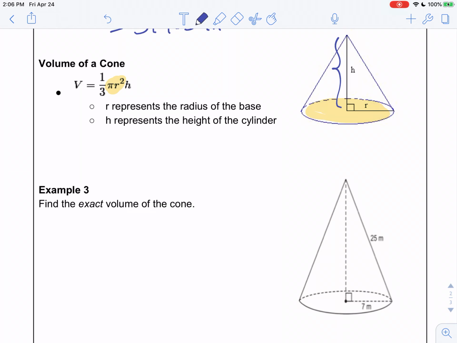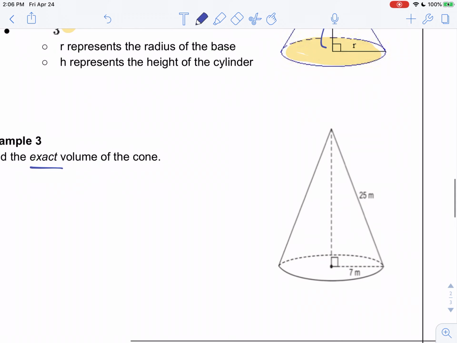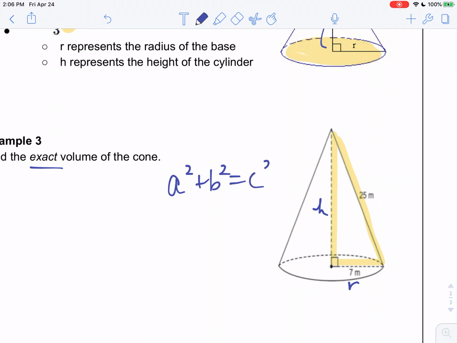All right, so here we want to find the exact volume of the cone, so that means that we're going to deal with things in terms of pi. But you'll notice here we have our radius is 7, but we are missing our height. But we do have this fun-filled right triangle hanging out here, so we can think about a little a squared plus b squared equals c squared action.